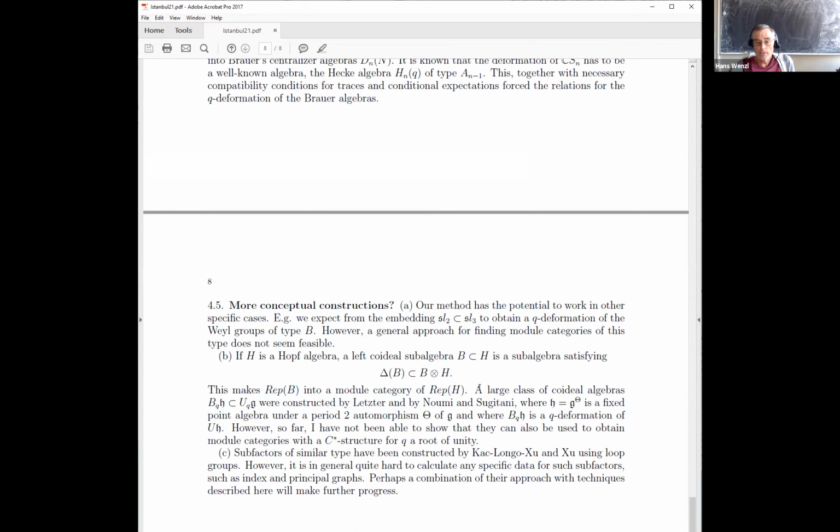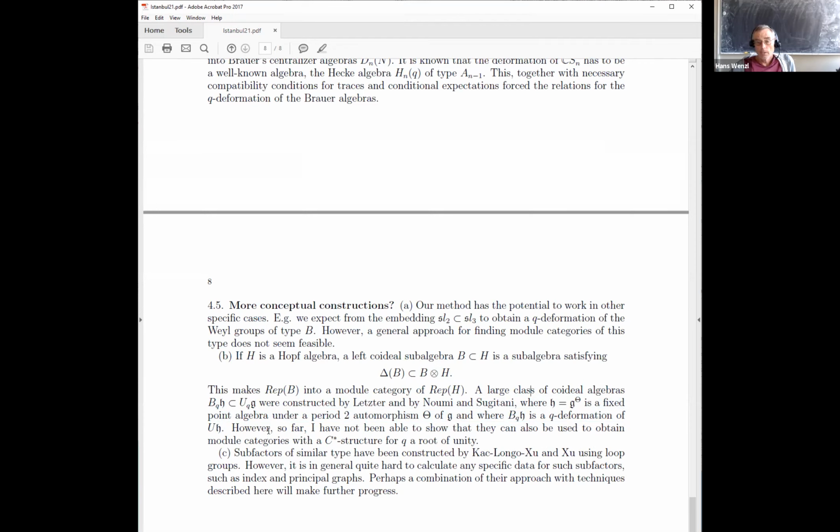So, okay, sorry, I went ahead. So a large class of such co-ideal algebras were constructed for quantum groups. So we have lots of co-ideal subalgebras for these quantum groups. And they essentially correspond to symmetric spaces. However, as I said already before, I have not seen any way how to pull this over to the fusion category setting, or how to find a C-star structure on this representation category.